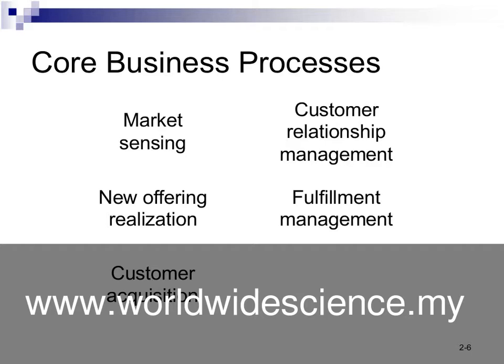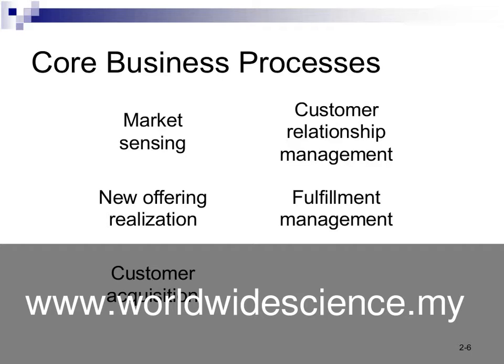Then the new offering realization process, which is all the activities of researching, developing, and launching new high quality offerings within the budget. So first researching, then developing, and then launching our high quality offering. So we realize our proposition plan.